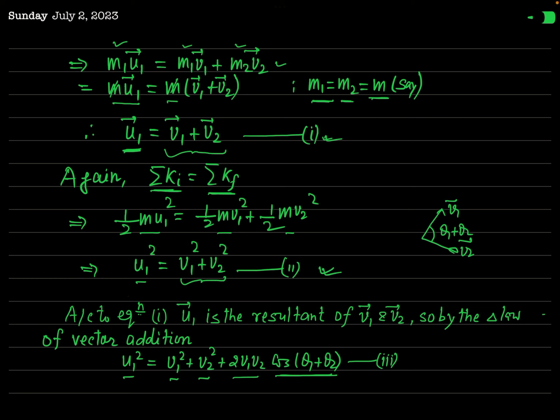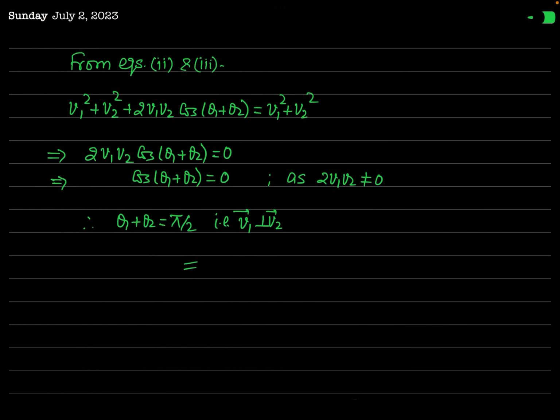Now see equation 2 and equation 3. The LHS of both of these equations are the same, so their RHS will also be equal. So let us equate these two equations: v1 square plus v2 square plus 2 v1 v2 cos of theta 1 plus theta 2 will be equal to v1 square plus v2 square.